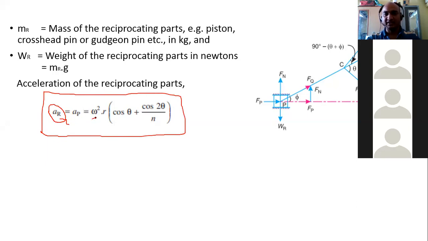Remember this formula, omega square into R, into cos theta plus cos 2 theta upon n. This is a very useful formula. Here, what is n? n is nothing but the obliquity ratio.